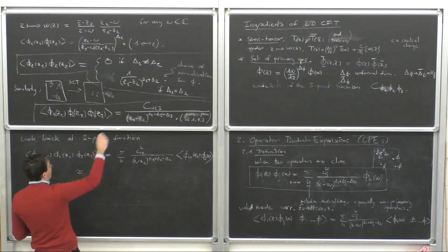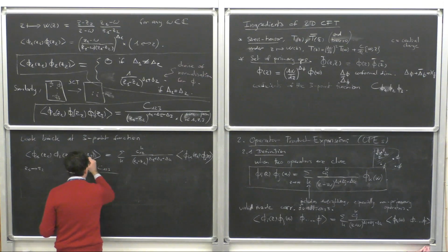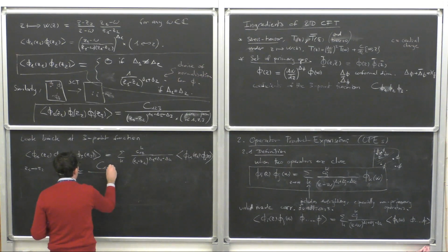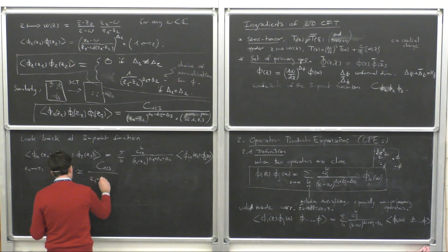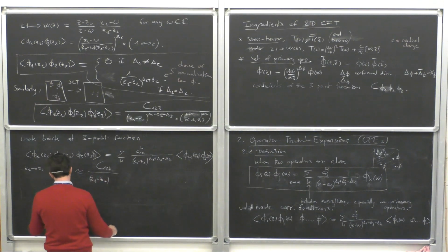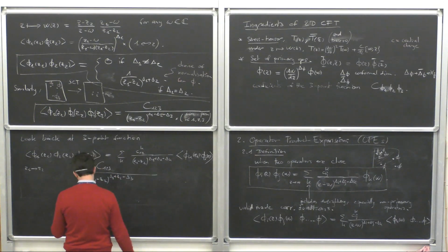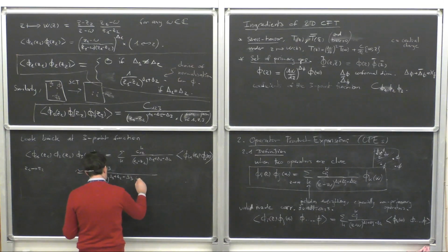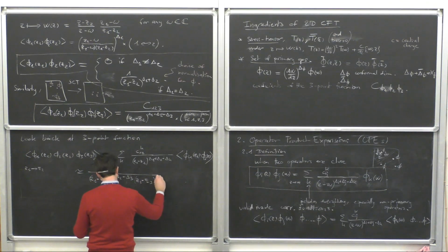So from this result, we see that this should be equal to capital C_123, divided by (z_1 minus z_2) to the delta_1 plus delta_2 minus delta_3, times (z_2 minus z_3) to the 2 delta_3.